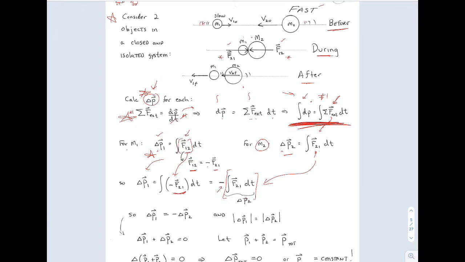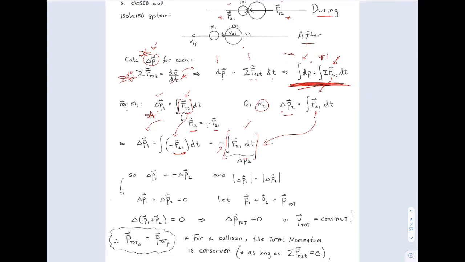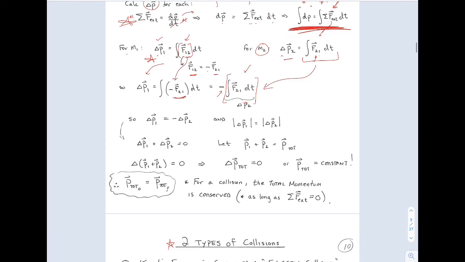So this integral here is just that integral right there. So here's my minus sign. So I have delta P1 is equal to minus that integral, which is delta P2, and that's what I wrote there.